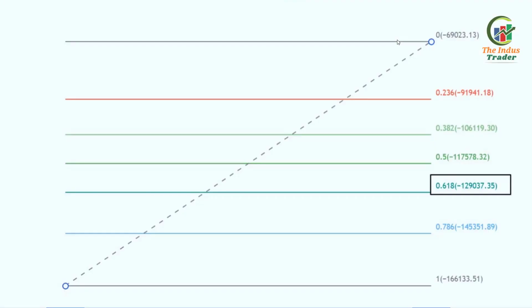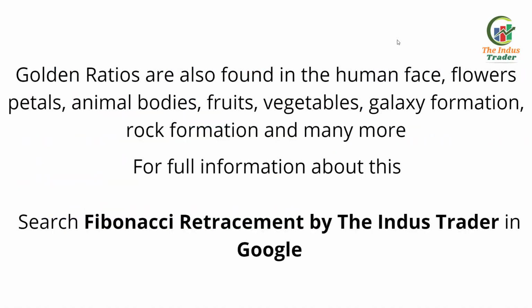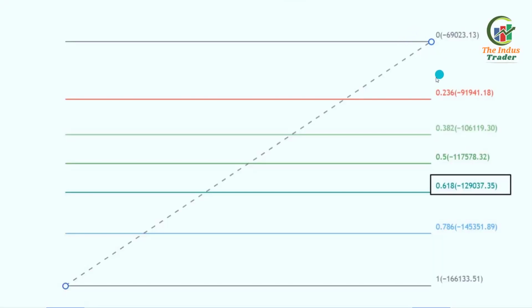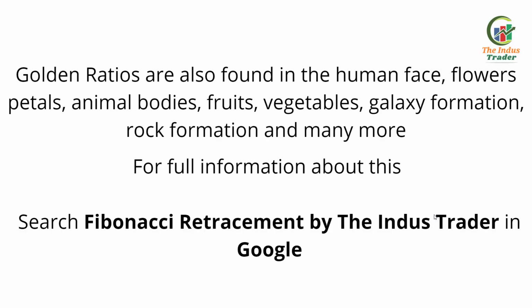We have discussed only the 0.6 calculation in this particular slide, and if you want to know the calculation of 0.2, 0.3, 0.5, 0.7 and a lot more, and the extensions also, then the ultimate solution is to go and search Fibonacci retracement by the Indus Trader. In this website we have uploaded everything.